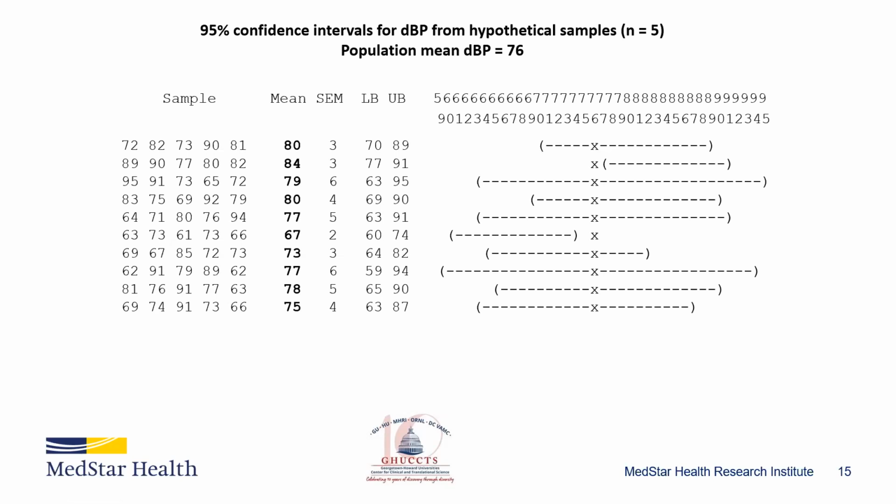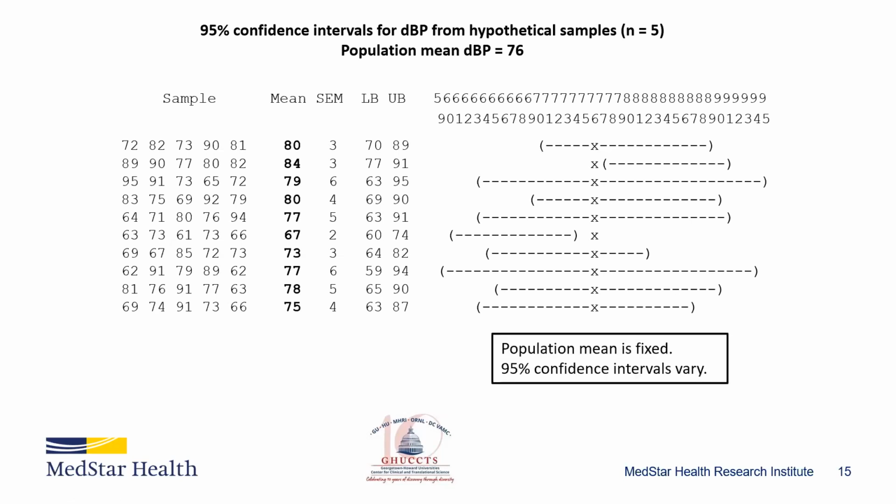So a really important principle here is that the larger the sample size, the better your estimate of your population parameters. And in our classical view, when we talk about sampling variability, we're assuming the population mean is fixed, but it's the 95% confidence intervals that can vary.